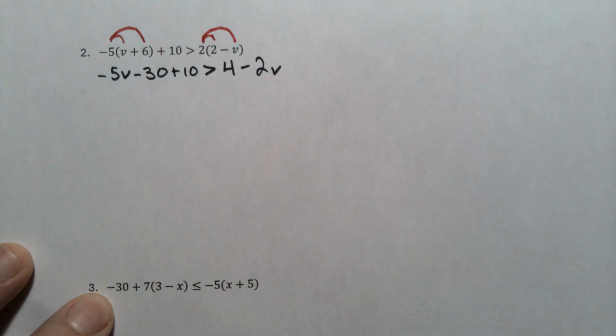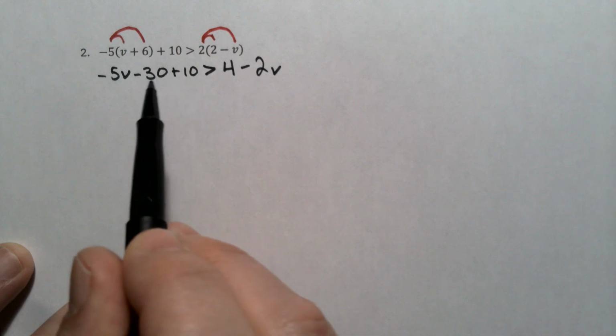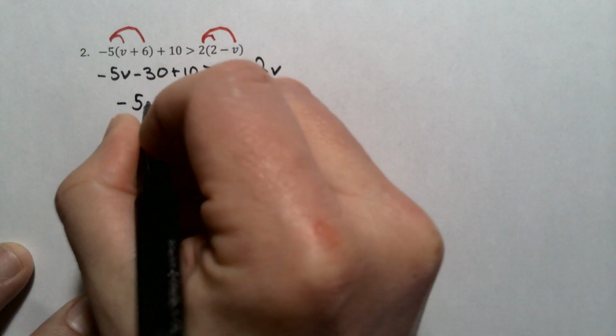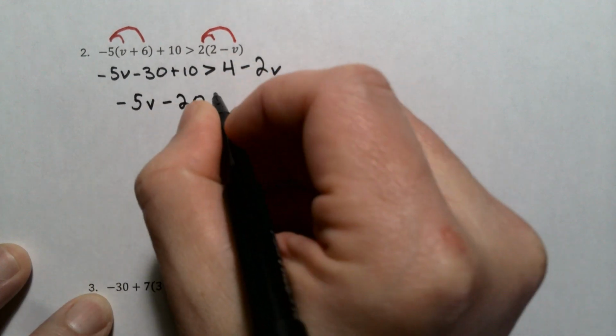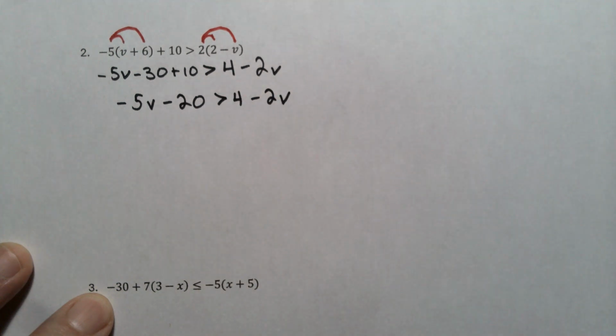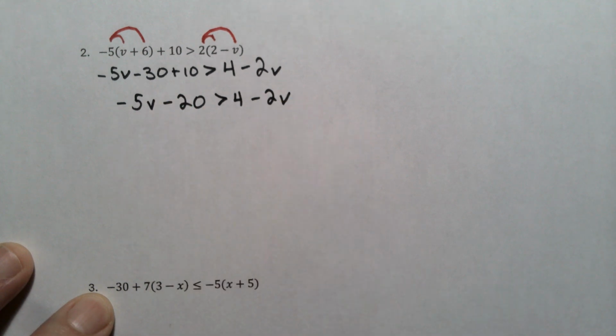I'm going to combine these two right here, the negative 30 and 10. That's going to give us negative 20. So we get negative 5v minus 20 is greater than 4 minus 2v. Now I'm going to do what I did last time. I'm going to bring all the v terms over here to the left, and all the number terms are going to go to the right.